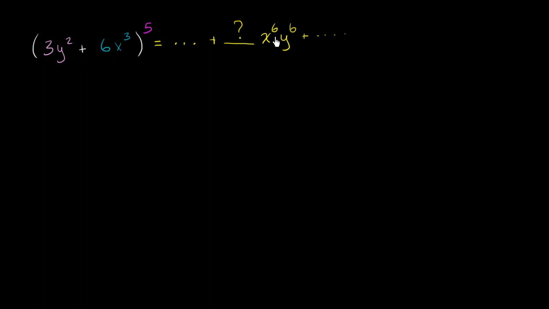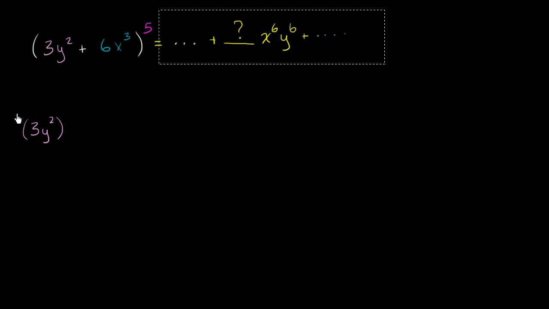But to actually think about which of these terms has the x to the sixth, y to the sixth, let's just look at the pattern in, I guess, the actual expansion without even thinking about its coefficients. And we've seen this multiple times before, where you take your first term in your binomial and start it off at the power we're taking the whole binomial to, and then in each term it's going to have a lower and lower power.